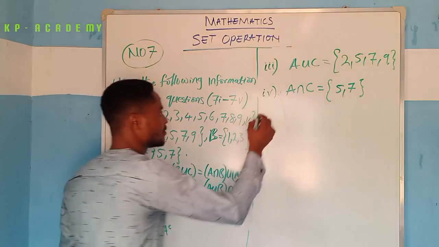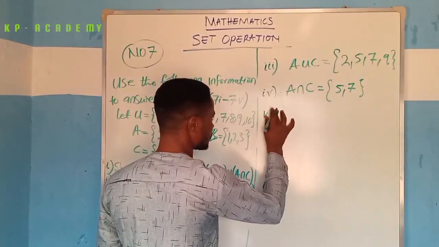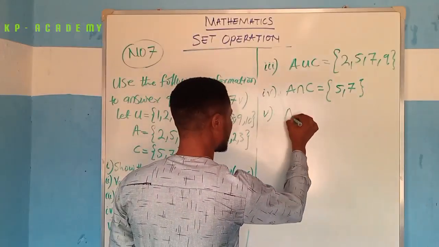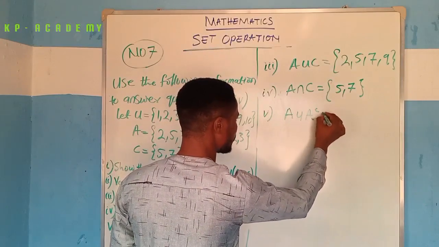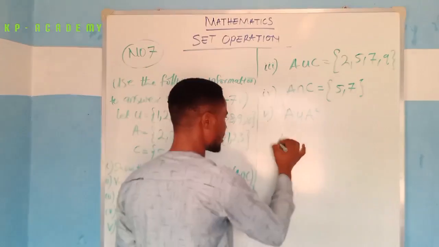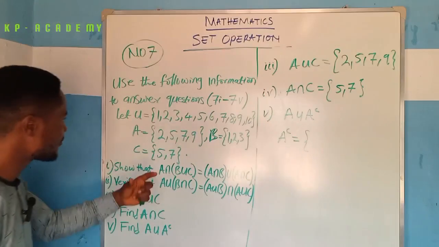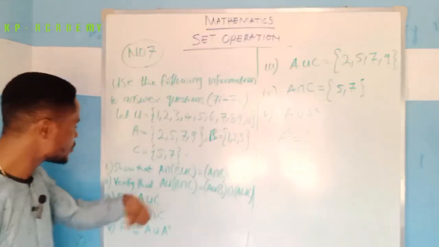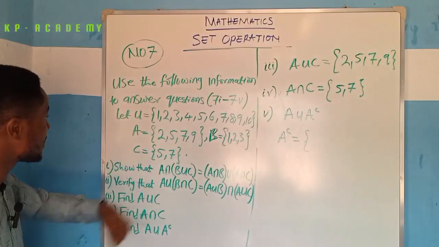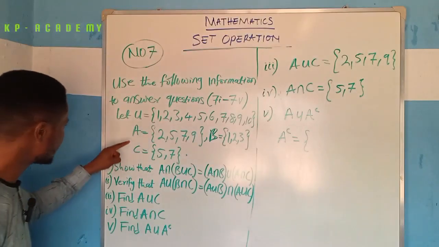Then finally, V part of the question says A union A complement. First, let us look for A complement in this case. Looking for A complement, we have to get A complement with respect to the universal set given to us. And this is set A now.